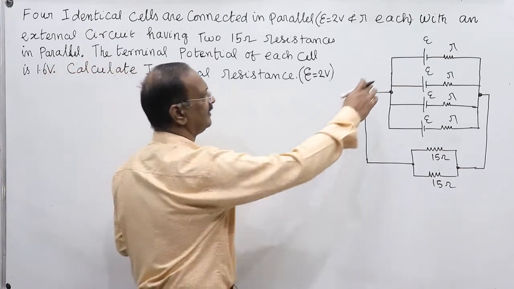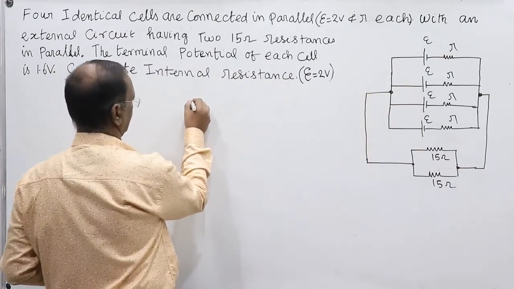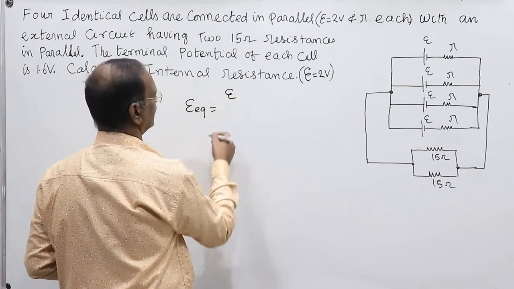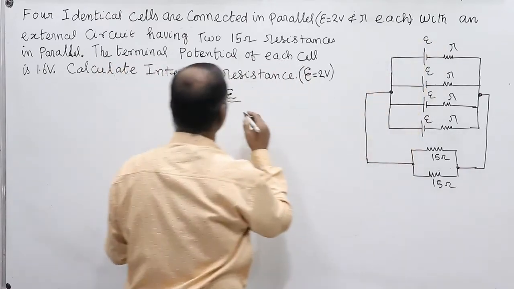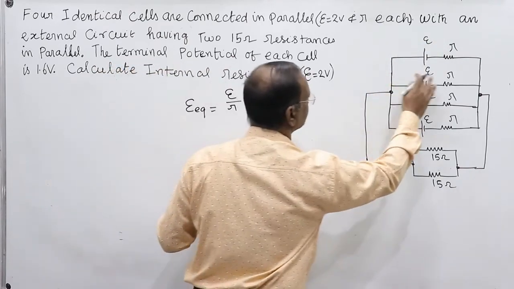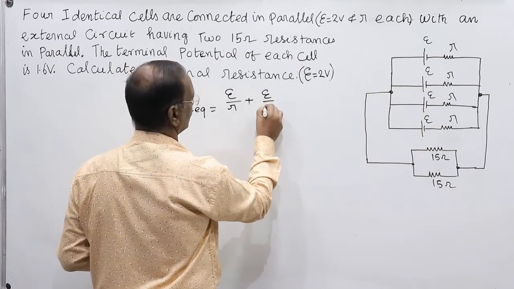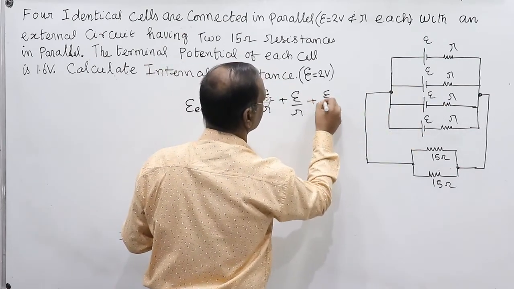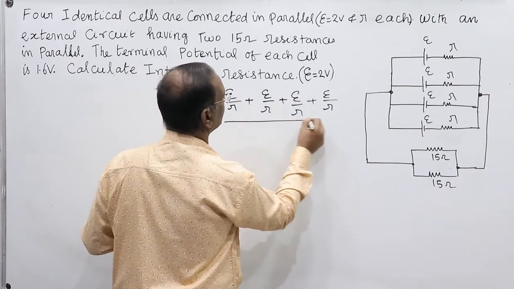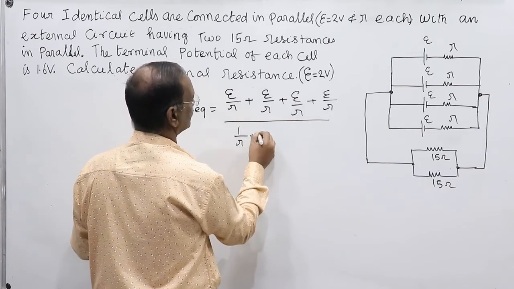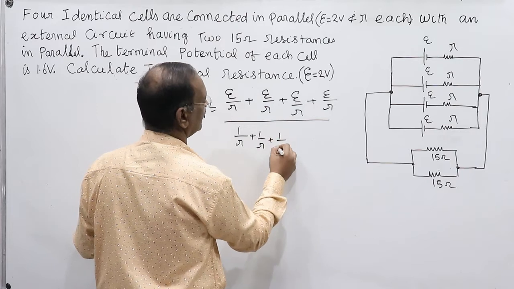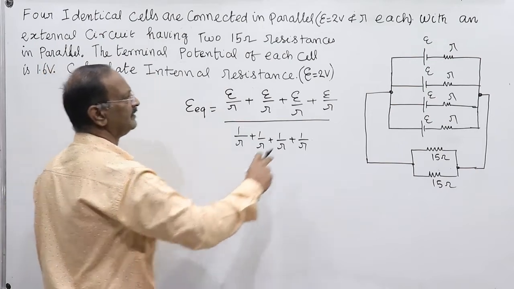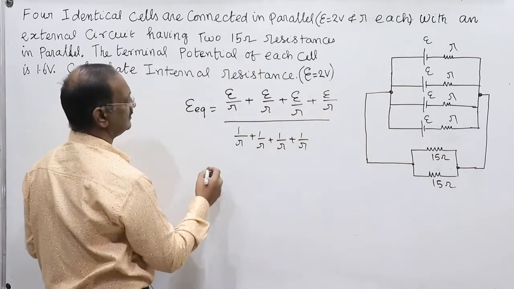First, we will combine the cells. We will find the EMF equivalent of the parallel combination, that is E by R plus E by R plus E by R plus E by R, divided by 1 by R plus 1 by R plus 1 by R plus 1 by R, the equivalent EMF of the 4 parallel branches.